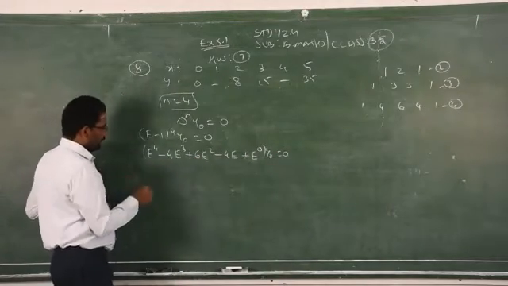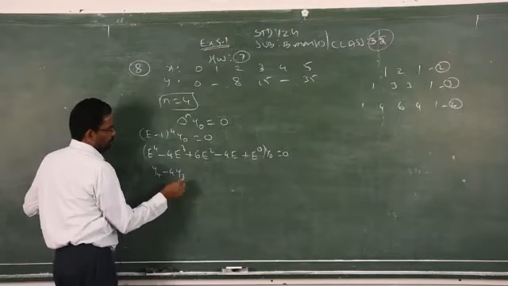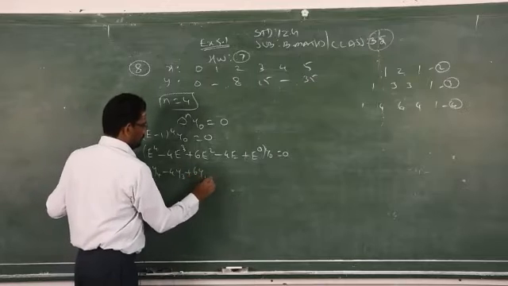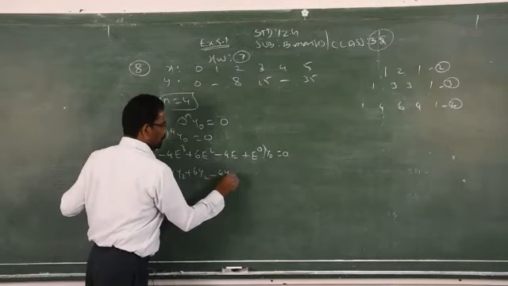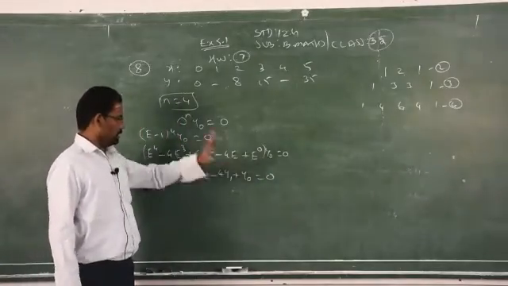You take y inside the bracket, it will become y4 minus 4y3 plus 6y2 minus 4y1 plus y0 is equal to 0. Check the signs: plus, minus, plus, minus, plus.